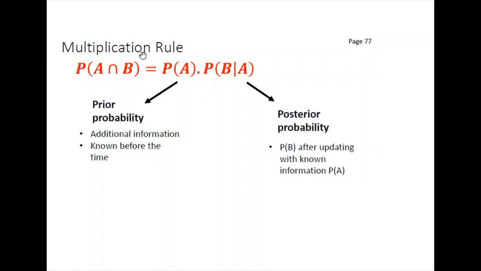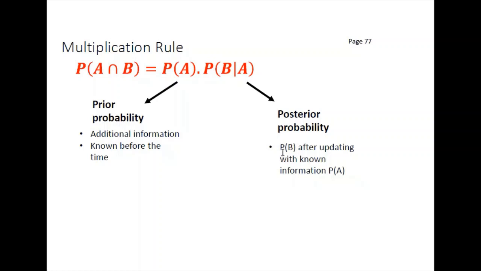Please note that in multiplication rule, the probability of A is called prior probability, or it's the additional information for calculating the probability of B. The probability of A is known before the time, so it is the prior probability, and the probability of B, given that A is the posterior probability.